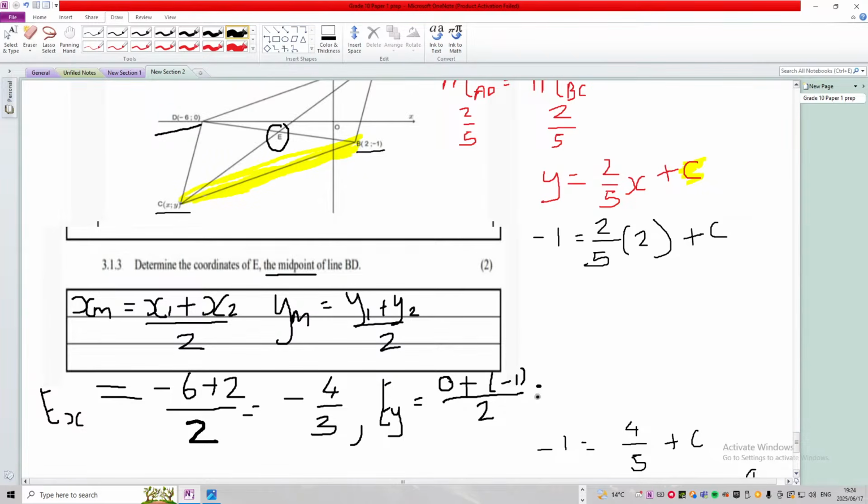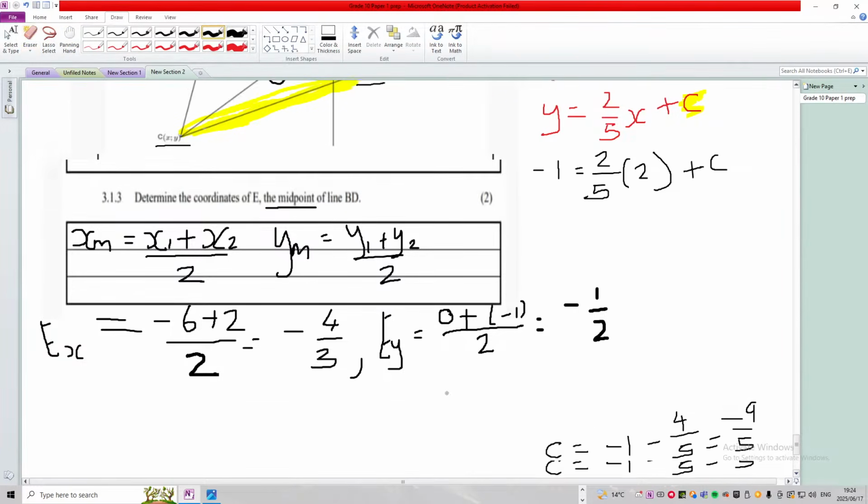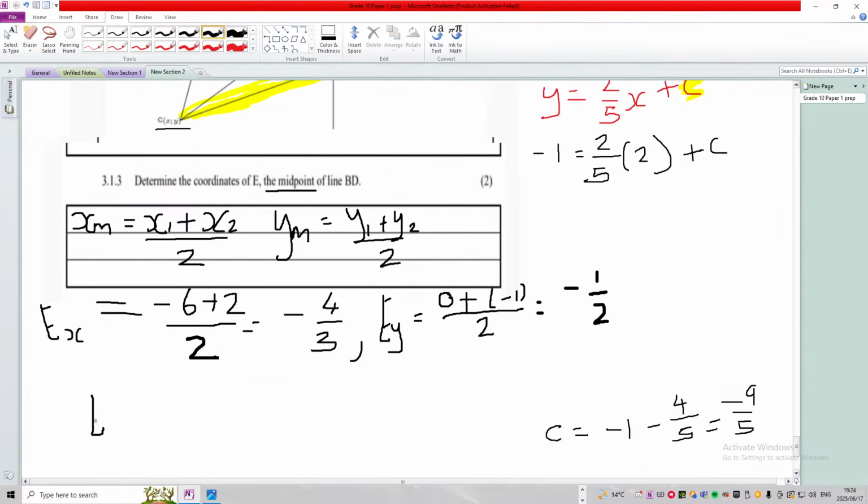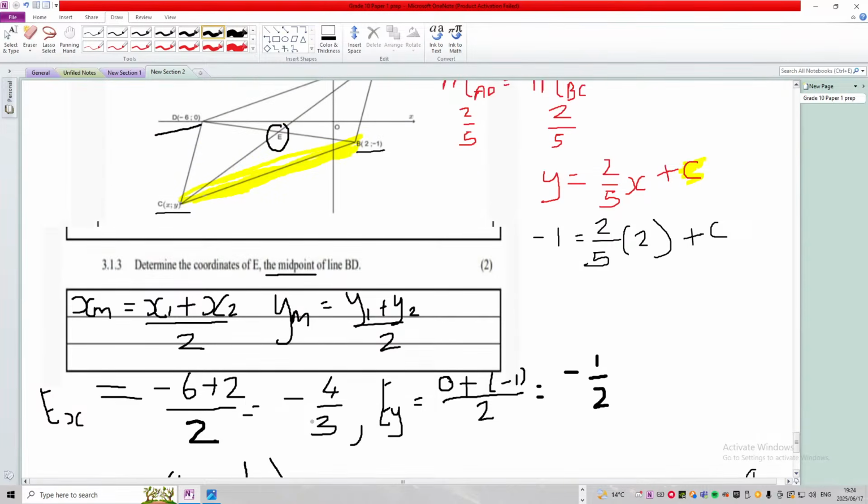Then for the y coordinate of E, it's minus 1 over 2. Okay, so you must now write the coordinates of E properly down. So E, brackets, it's minus 4 over 3, which is the x one, and the y is minus a half.